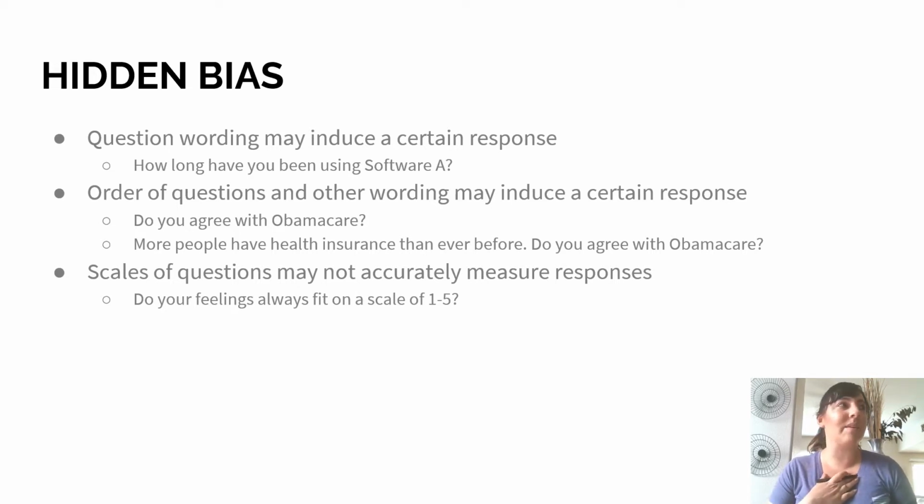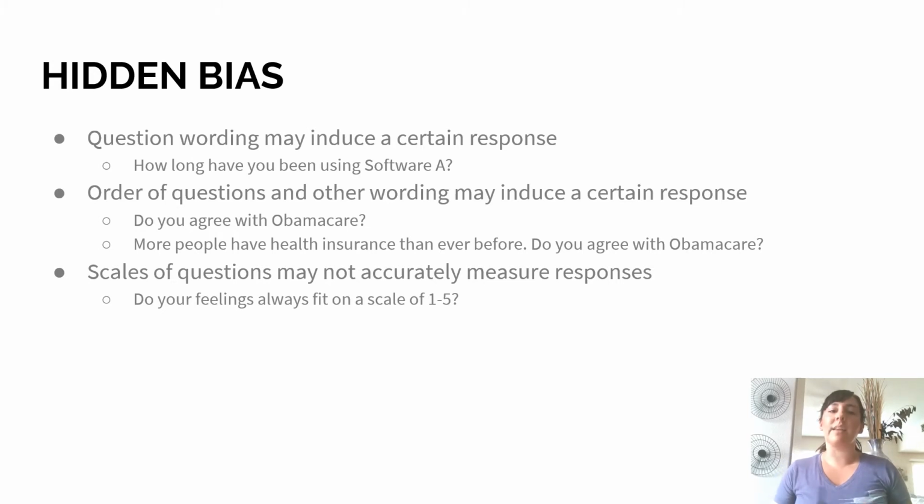Then I would suddenly be like, well, you can't argue with it. I guess I agree with it then. You know what I mean? That would be hidden bias: you can change the wording and provide people with other information even prior to a question to induce a certain response. And when you do that, you're probably not getting accurate data.